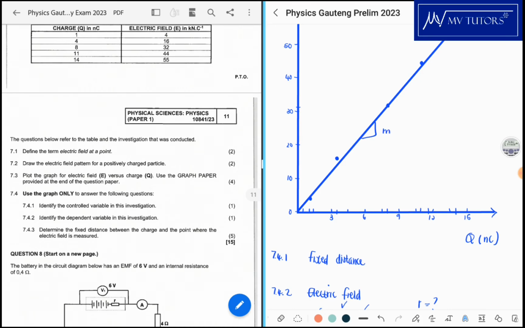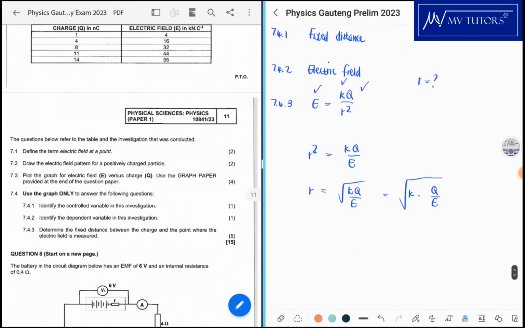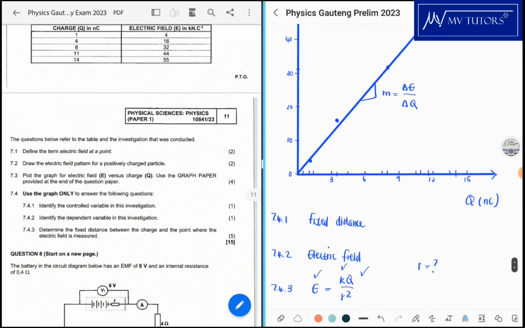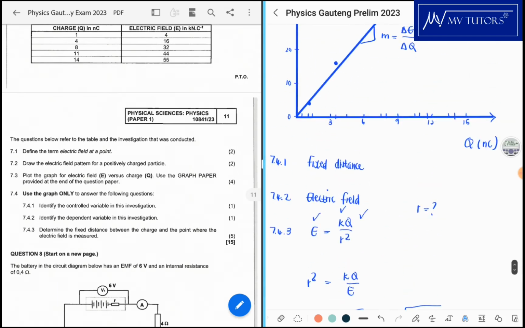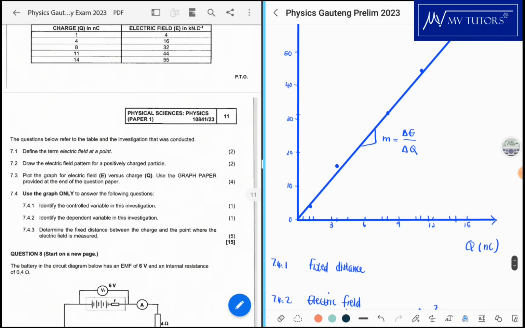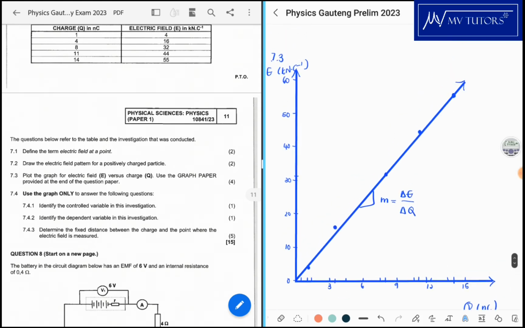Okay, where the gradient is delta y over delta x, which would be delta E over delta Q. But it's fine. We don't really have to, but I think let's rather use delta Q over delta E, because we have 2 points. It would work better than just using 1 point.